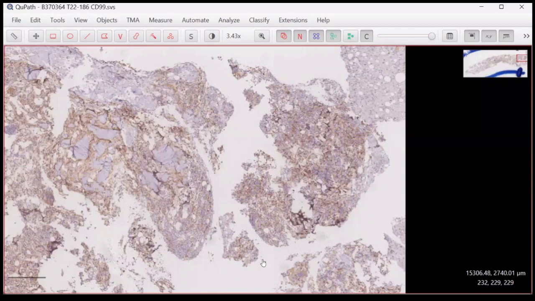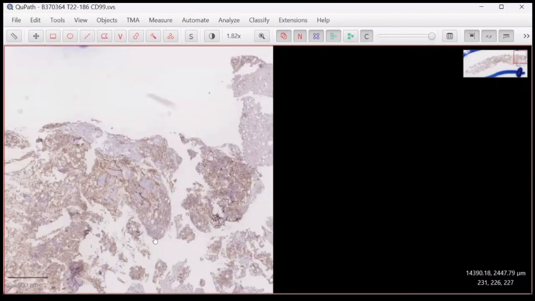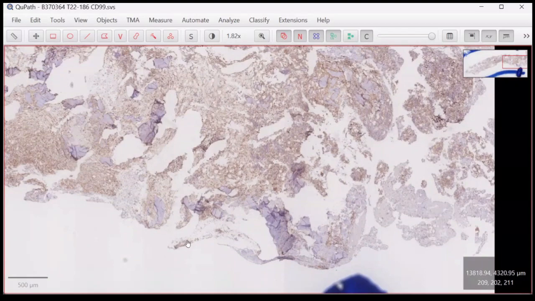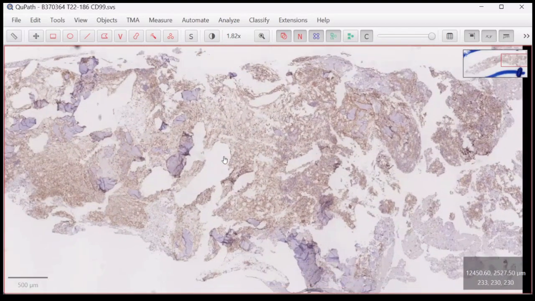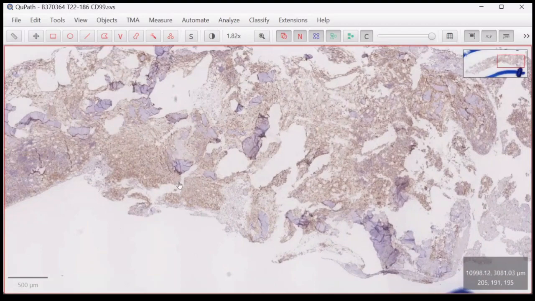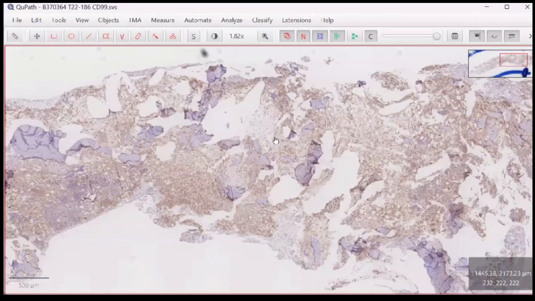Then it gives you some false positive pattern, thinking that there are many CD99 cells, but actually the precursor cells are also expressing CD99. CD99 is not specific; it is sensitive for immature cells.